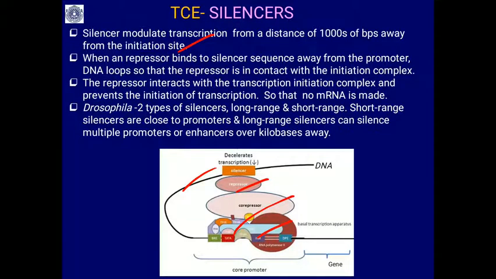The repressor interacts with the transcription initiation complex and prevents the initiation of transcription, so that mRNA is not made. In Drosophila there are two types of silencers, long range and short range. Short range silencers are very close to the promoters. Long range silencers are away from the promoters and act by taking a loop like this, as you can see.